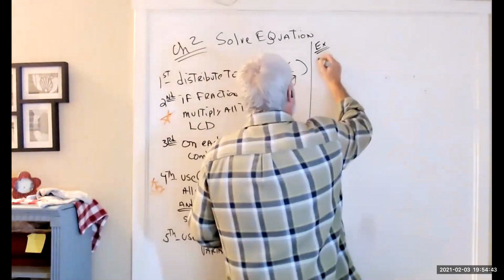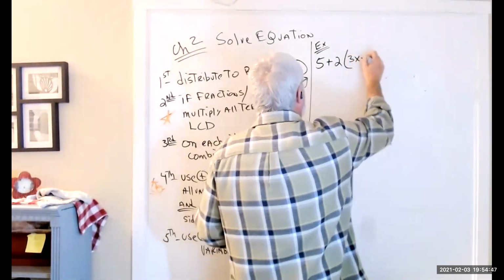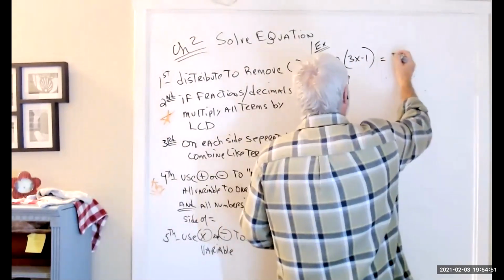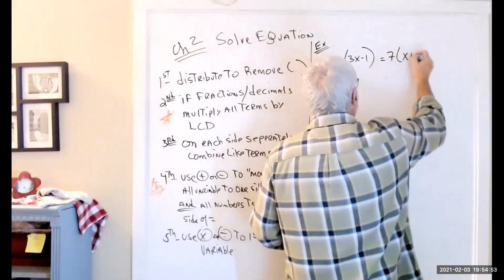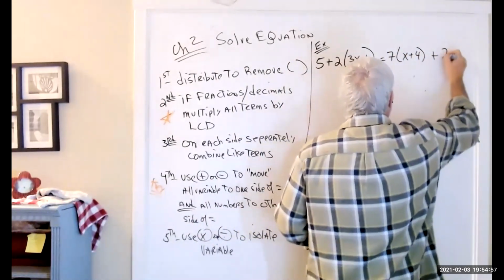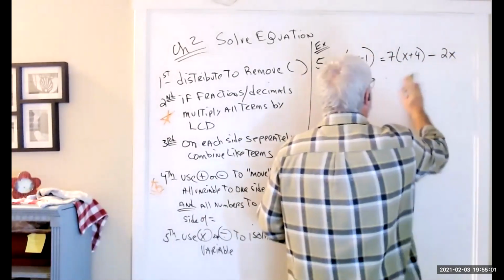Okay. 5 plus 2(3x minus 1) equals 7(x plus 4) minus 2x. Yeah, that'll be fun.